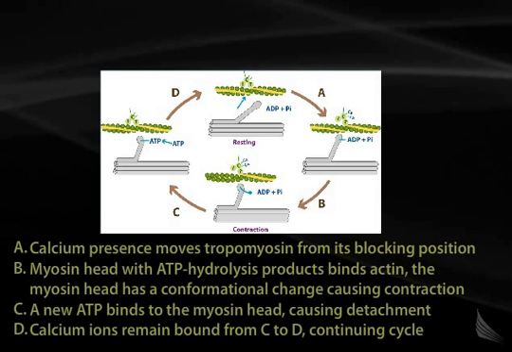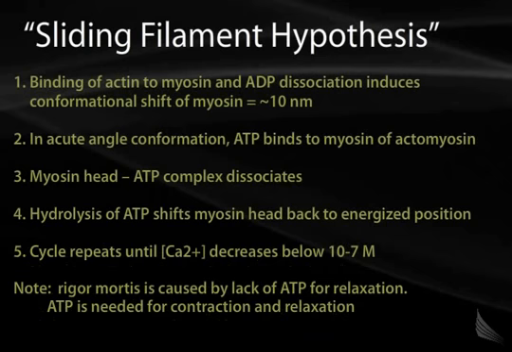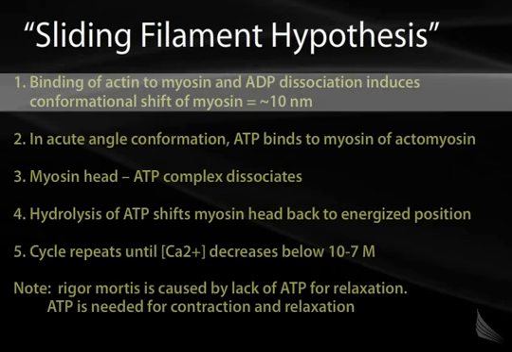This process will continue as long as calcium levels are elevated above a certain threshold. This whole process is referred to as the sliding filament hypothesis. So we have the binding of actin to myosin and ADP dissociation, which induce a conformational shift of myosin amounting to about 10 nanometers.